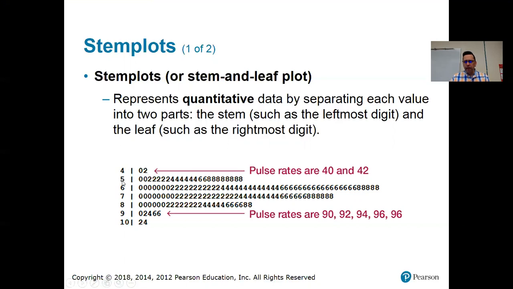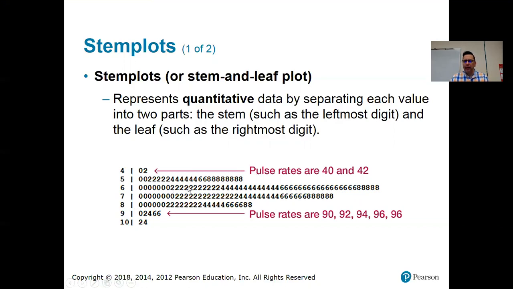And then 50, 50, 52s, a whole bunch of them, a bunch of 54s, a couple 56s. You see how I'm reading that? So the tens digit of the pulse rate is over here. That's called the stem. And then the ones digits are called the leaves.